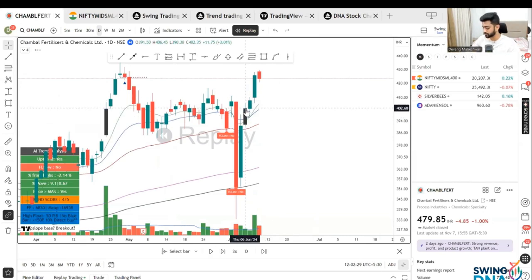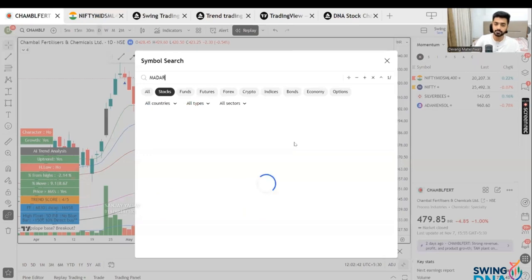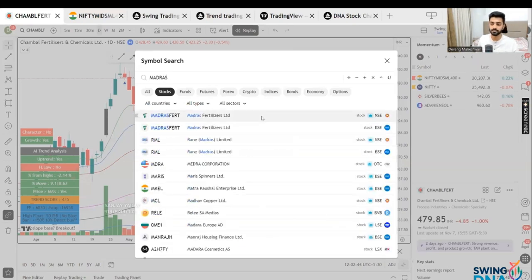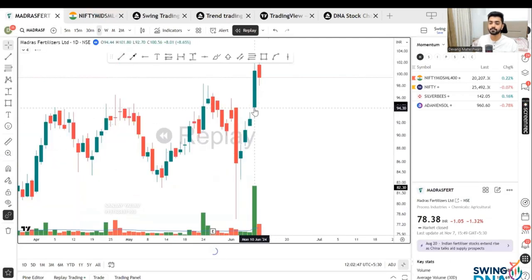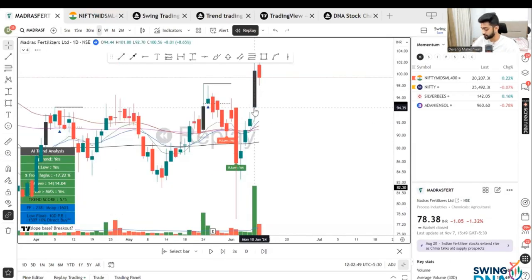Now see the 6th June. It's fine. 10 days here and there is fine. 6th June, Chambal. Now let's see Madras. 10th of June, momentum candle, Madras Fertilizer.